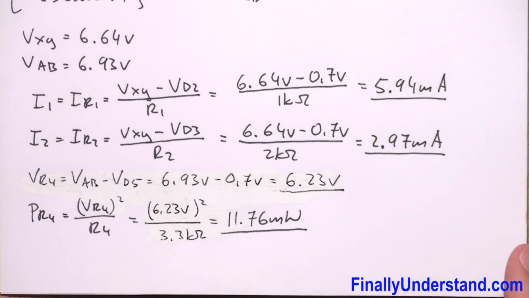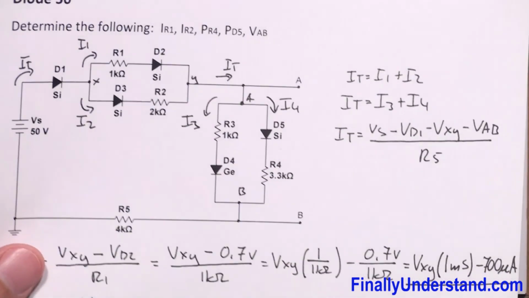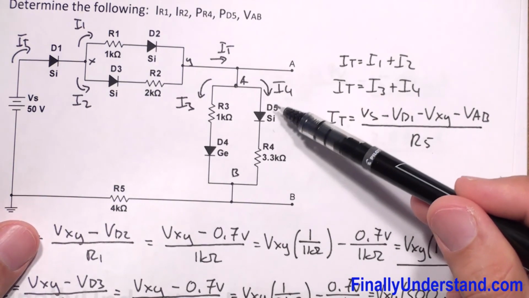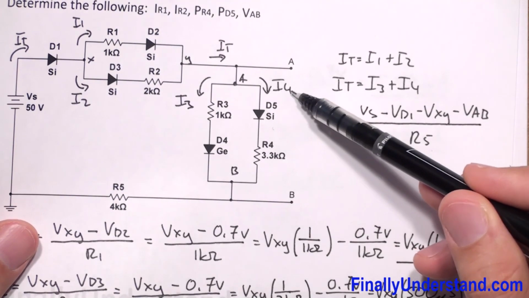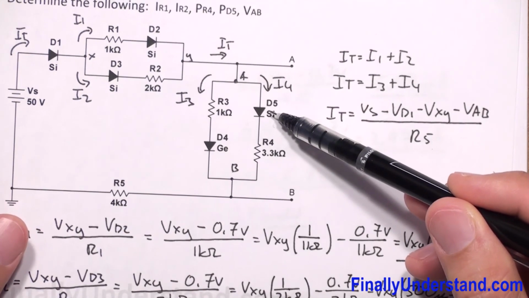Next, I'm supposed to find the power at the diode D5. Okay, power at this diode. So I know that the current which goes through the diode is equal to I4, and I know that the voltage drop across this diode is 0.7 volts.